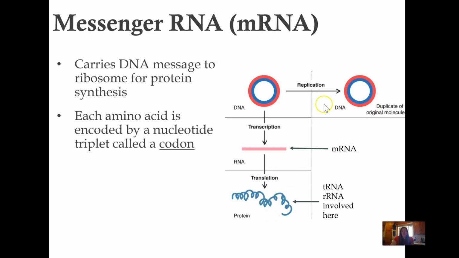So I kind of like this picture because it's very simple, but it's a schematic of what DNA does, right? DNA serves as a template for its own replication, and it also serves as a template for transcription of messenger RNA, which in turn serves as a template for translation into protein.